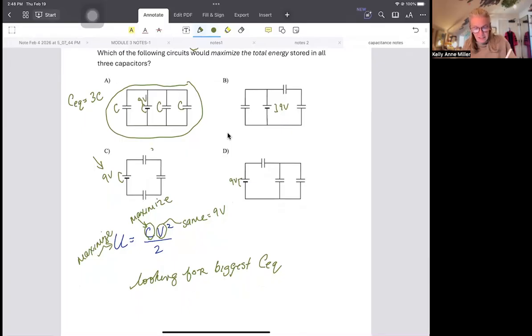Where you've got C, C, C, and they're all in series. So if I were to write out the equivalent, let me just do it over here.